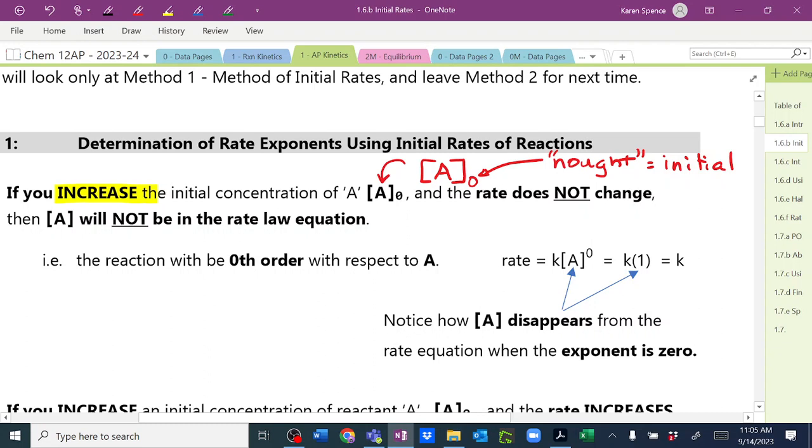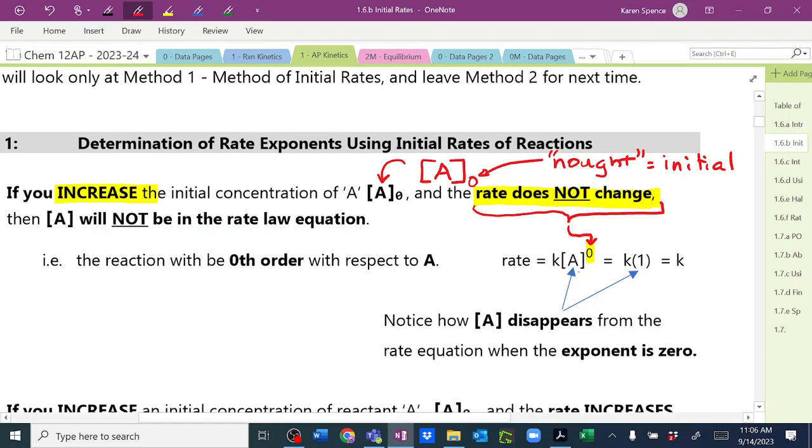If you increase the initial concentration of A and the rate does not change, what would the exponent be? It would be a 0. Yes? So if you increase the concentration of A and you measure the initial rate and you compare it with a lower concentration of A and there is no change, then you have a 0th order reaction, okay?